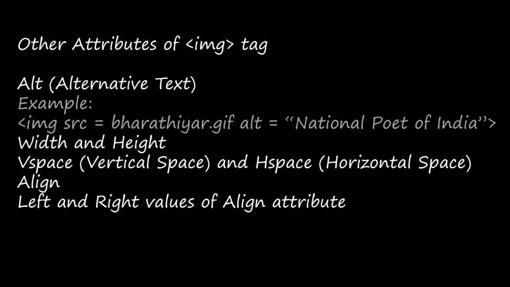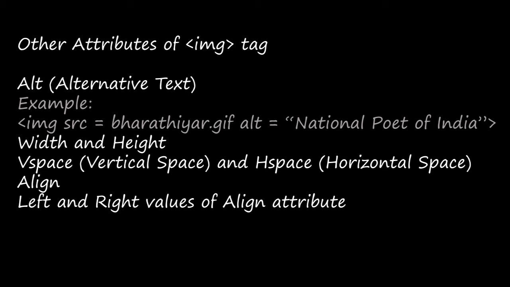Here the example is img src, where you give the image file name, and then space alt equals, and inside double quotes you give a simple text. You can give any type of text, and if that image is not displayed, this alternative text will be displayed.